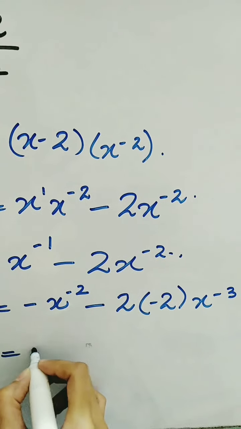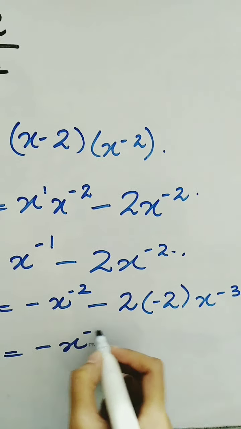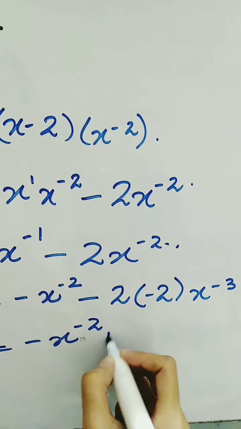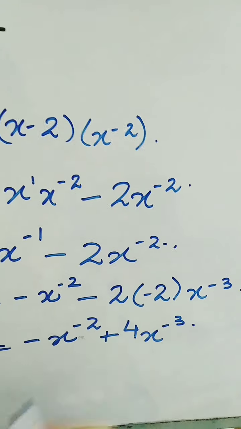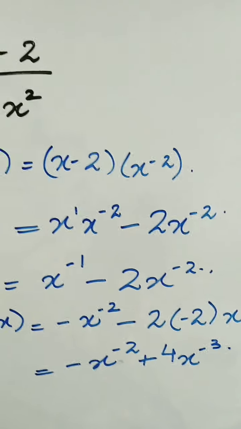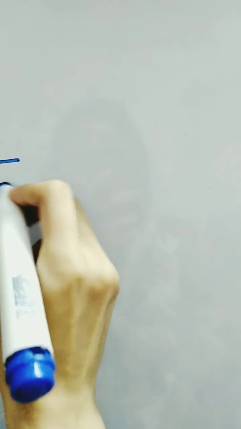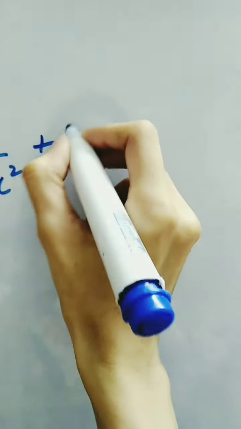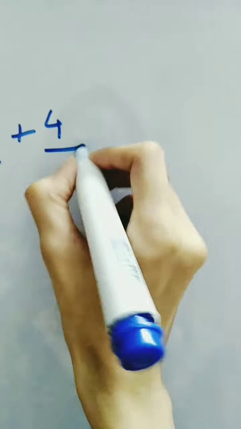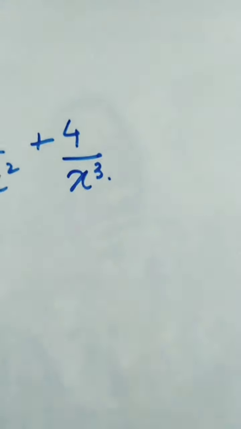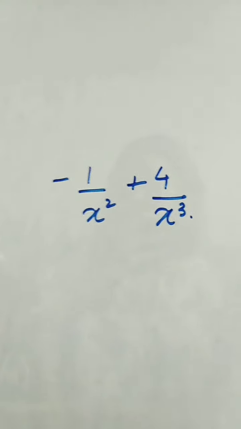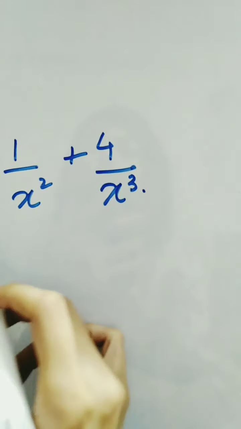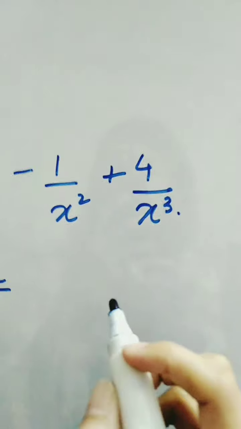Now we have minus x raised to the power minus 2, minus minus plus 4 x raised to the power minus 3, or we will have minus 1 over x square plus 4 over x cube. We just shift the x from numerator to denominator in order to get the powers with the positive sign.